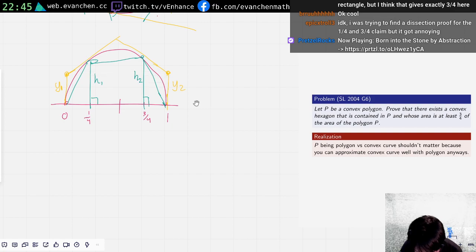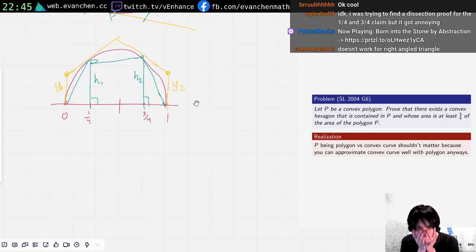Oh, it doesn't work for a right angle triangle. Sad.